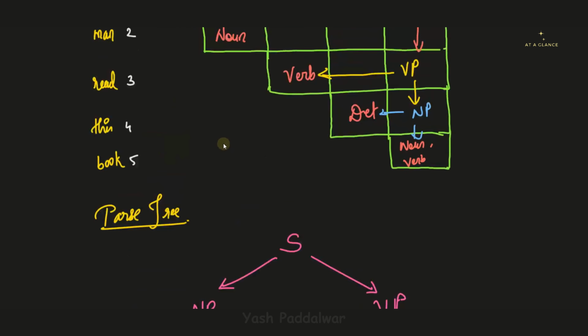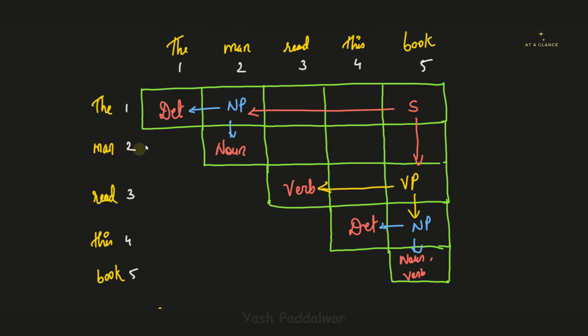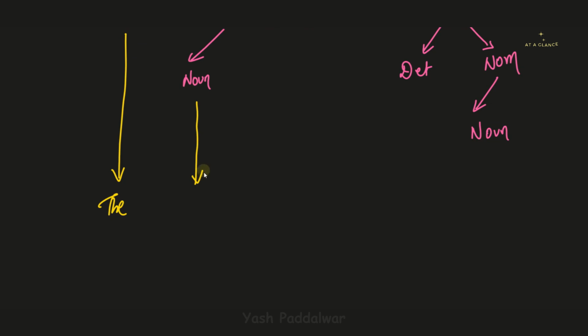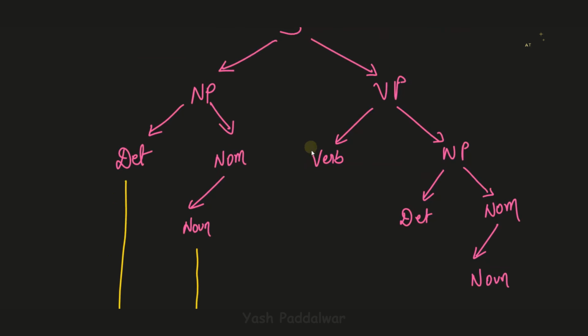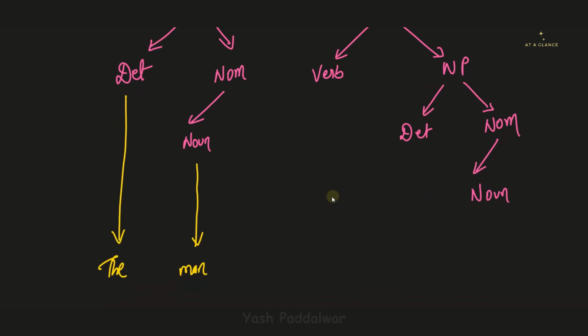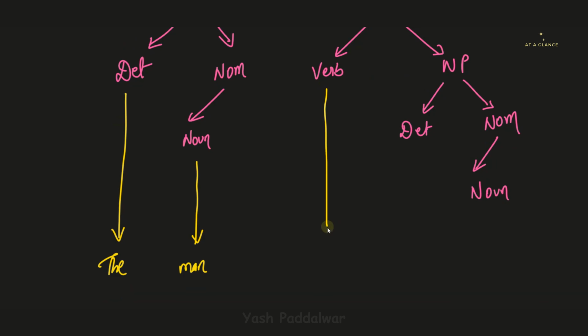So here you can see at the place 2, 2, we have noun which corresponds to the word man. So that is why we'll write man. And next we have is verb. Here you can see that verb is at the place 3, 3 which corresponds to the word read. So that is why here in this particular location we will be writing read.